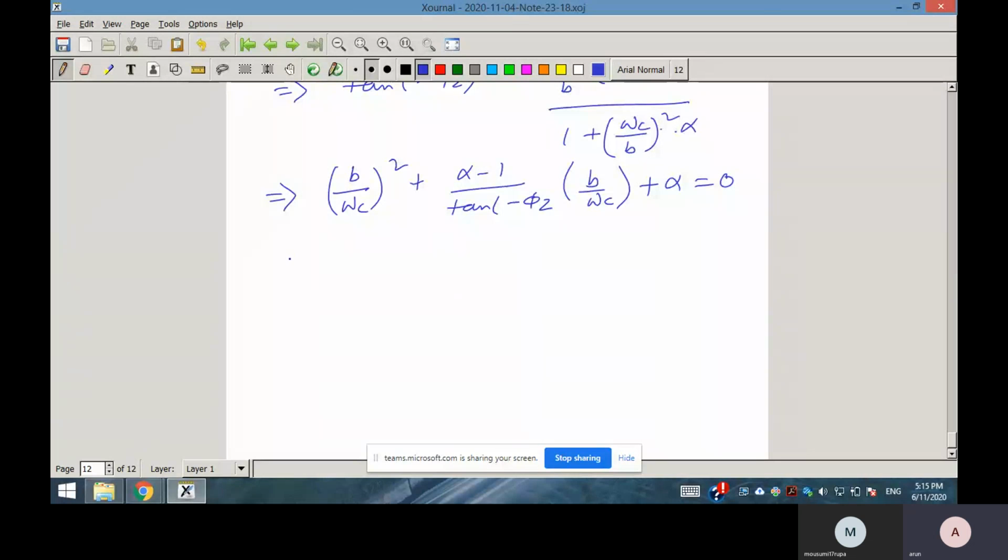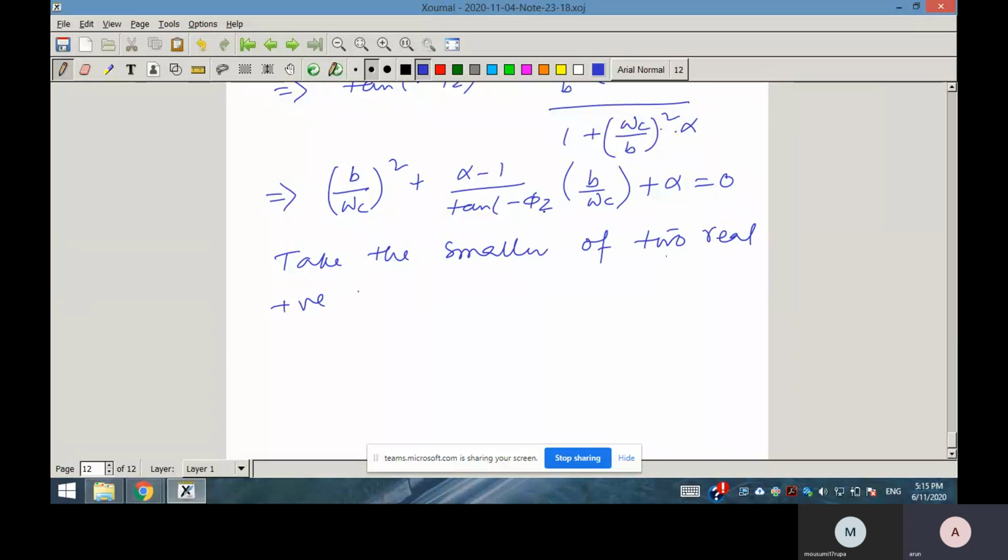So from here, what you have to do? Take the smaller of two real positive solutions. So alpha is greater than 0. So also this is your minus. Here two real solutions you will get.